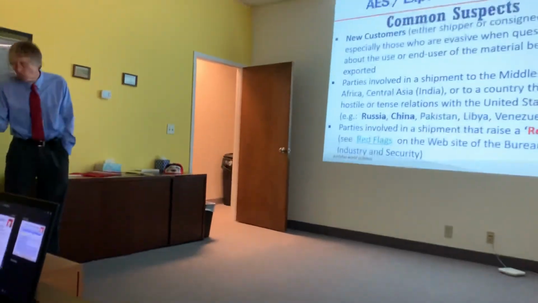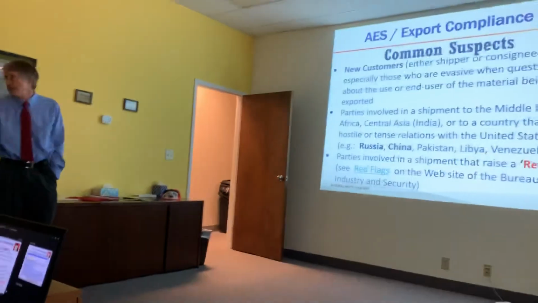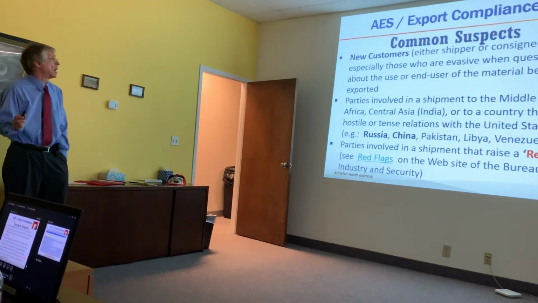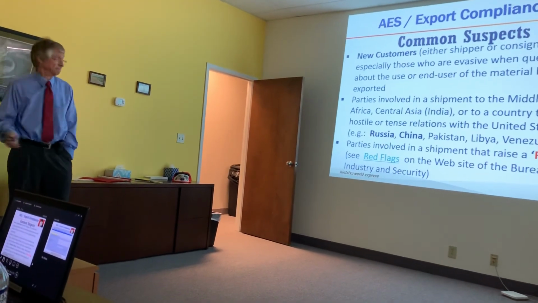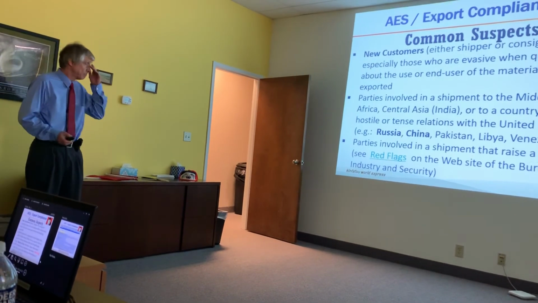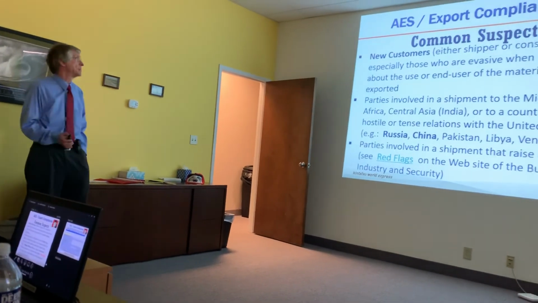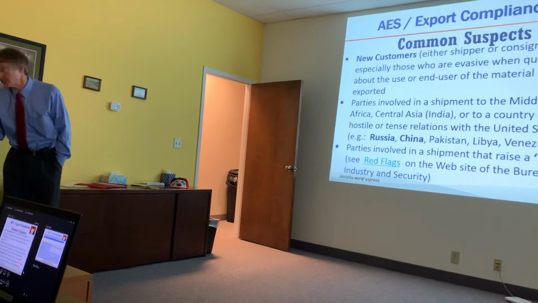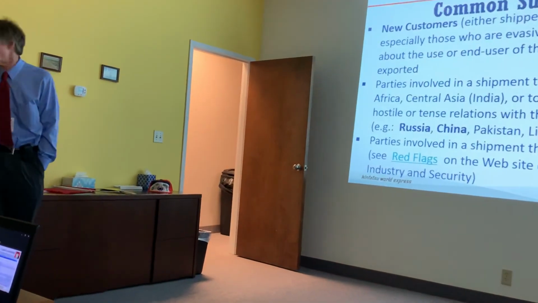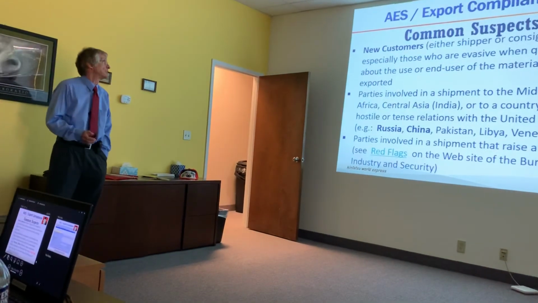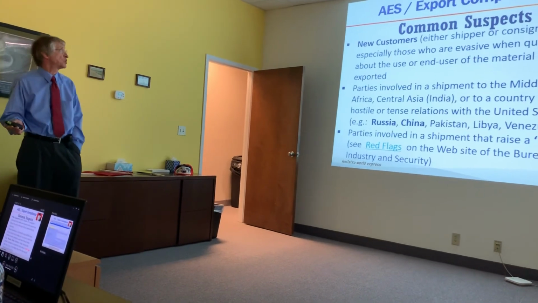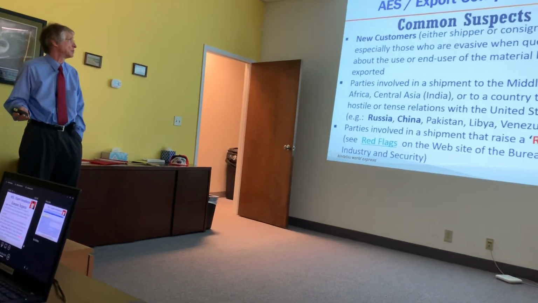So what you need to be aware of is that you need to be on the lookout for these people. And who are they? Well, that's a good question. I would look closely at new customers, either shipper or consignee, especially those who are evasive when questioned about the use or end user of the material being exported.